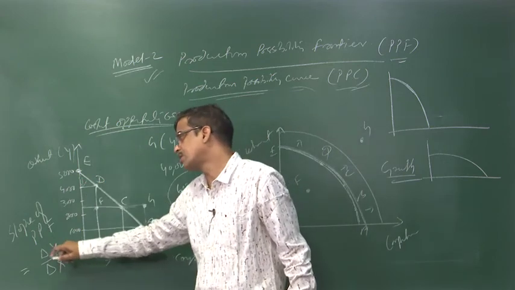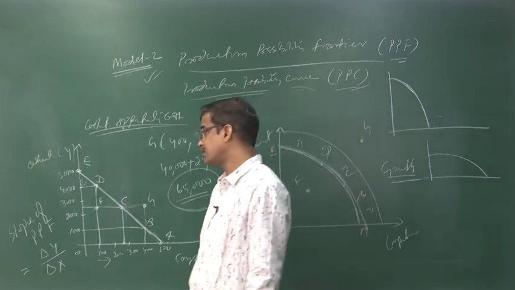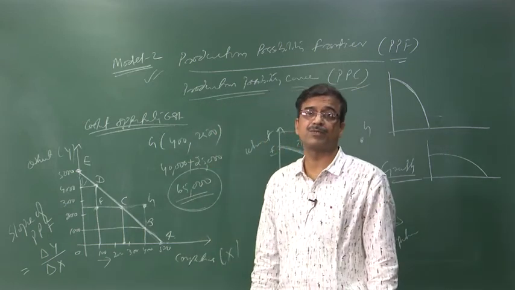So that is nothing but the slope of the production possibility curve, and in the other way it is called the marginal rate of substitution.